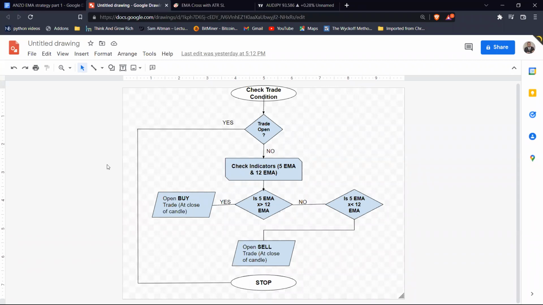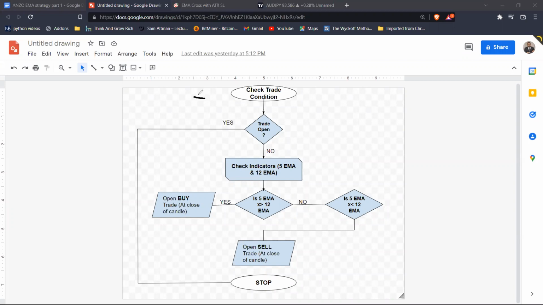What you're seeing on your screen is, in the most basic form, a simple diagrammatic representation of what we're trying to do, what conditions need to be met, and if this happens, what we should then do. If you look at the screen, you'll notice our first condition is to check trade condition.